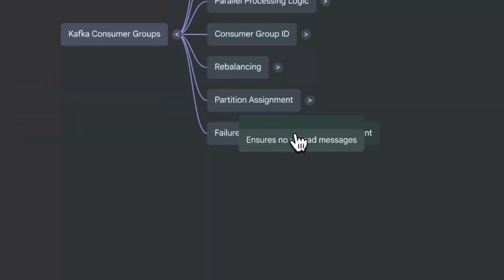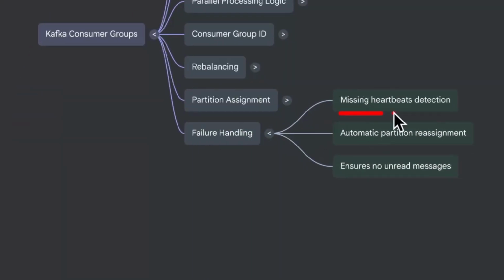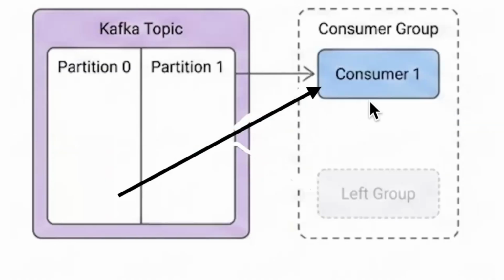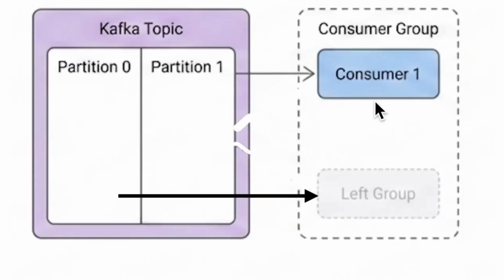Let's look at failure handling. What is missing heartbeat detection? Now if you remember, we had consumer 1 and consumer 2 here. So in the Kafka ecosystem, at certain intervals, these consumers send a heartbeat to the Kafka broker saying I am alive.